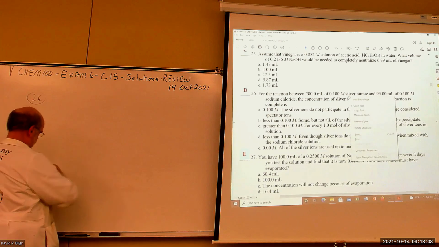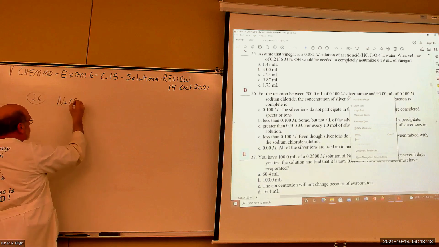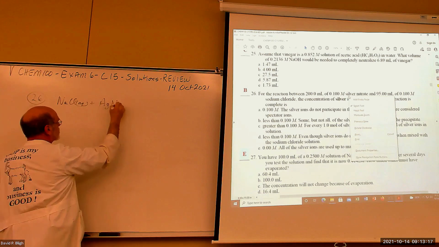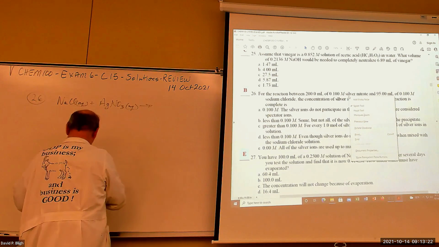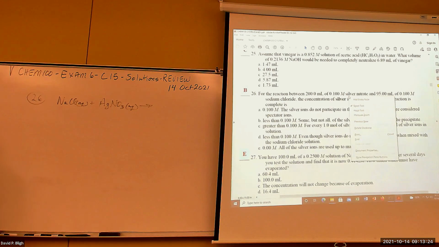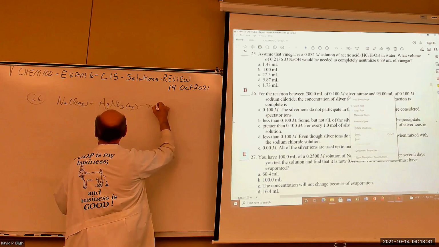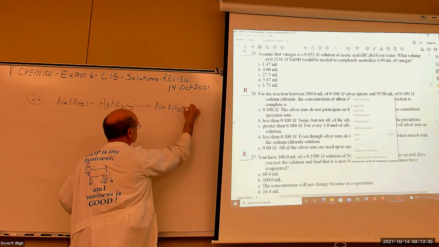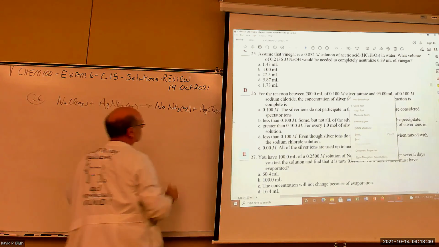So we have sodium chloride plus silver nitrate yields sodium nitrate plus silver chloride, solid.